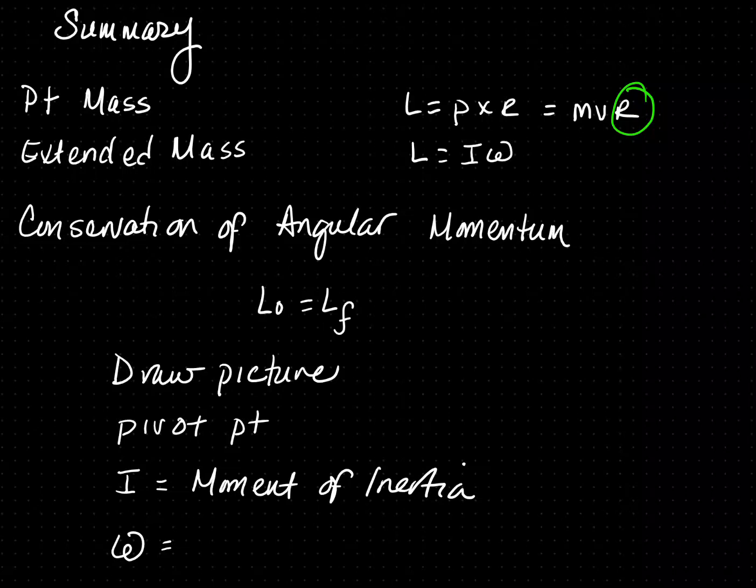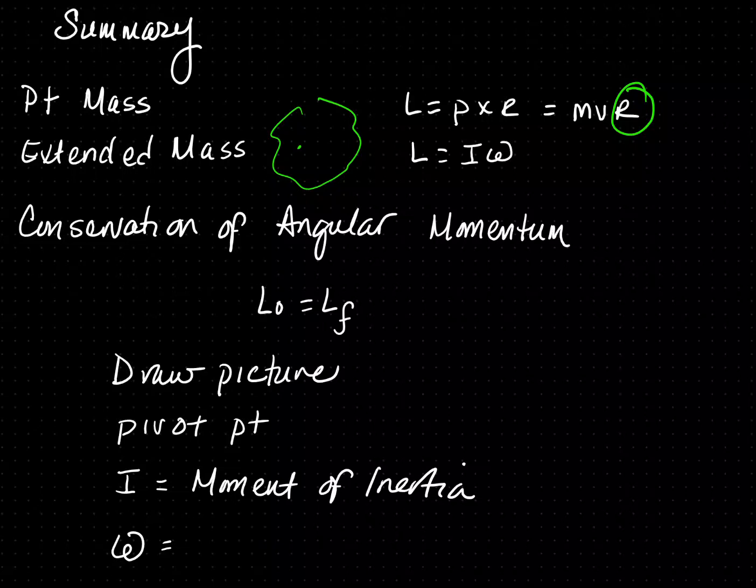If it's an extended mass, meaning an irregular object where different parts of the mass all rotate together, the general formula is moment of inertia times angular velocity. Remember, the moment of inertia changes depending on what the shape of the object is. You need to memorize mr squared. Everything else will be provided for you.